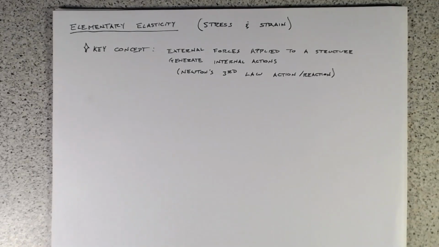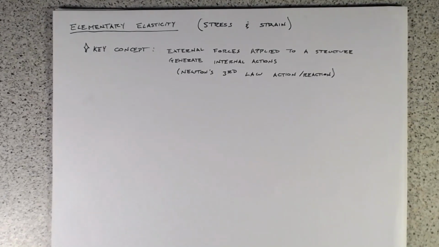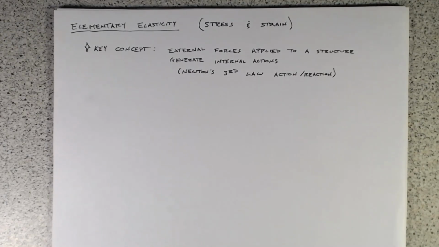While the math is important, it's that innate understanding that makes you a good engineer, because it gives you that feeling that something's right or something's not. I find that with mathematics, if you focus too heavily upon it, you're going to get caught up and easily confused. So with that, we're going to look at the first part of elementary elasticity, which is stress.